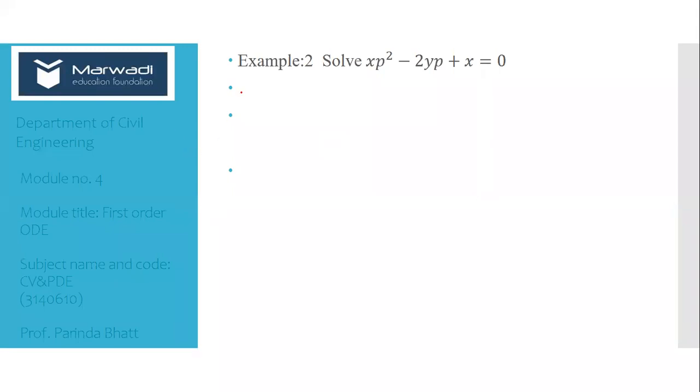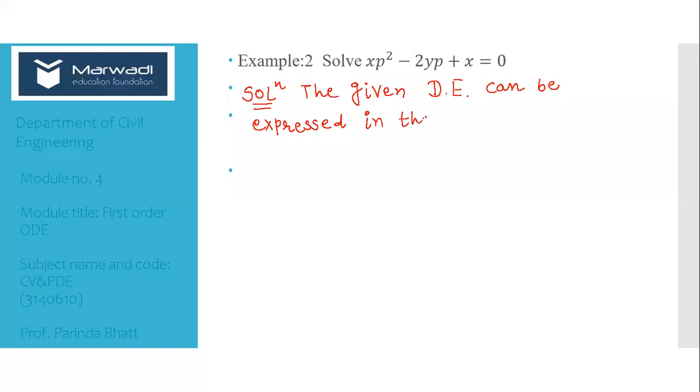The given differential equation can be expressed in the form f of x comma py equal to f of x comma p.